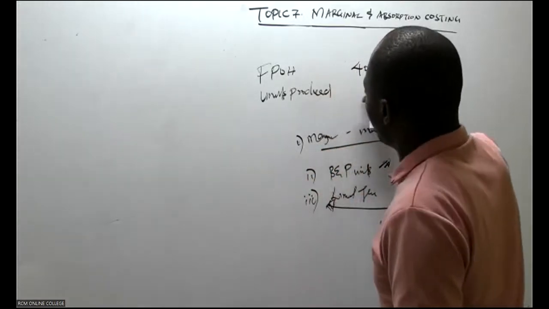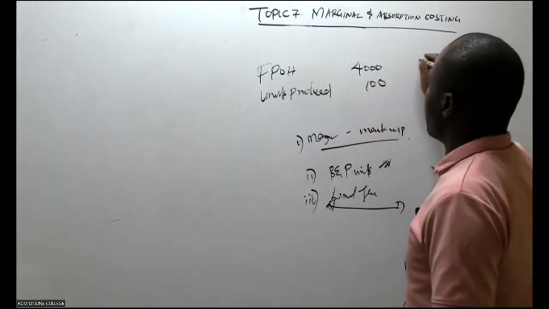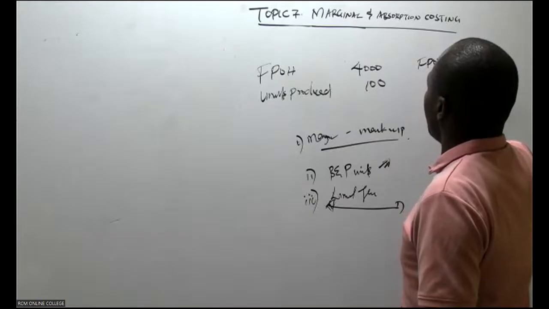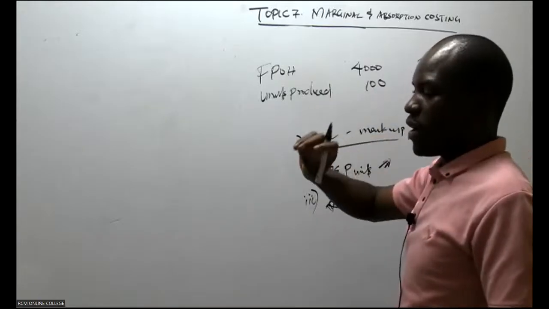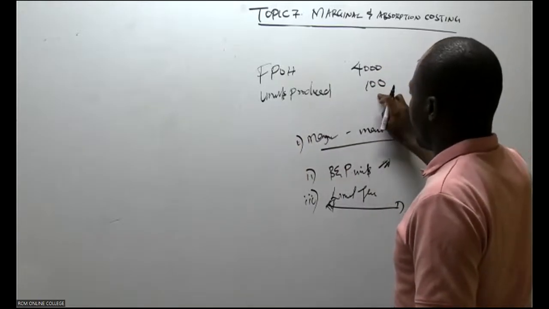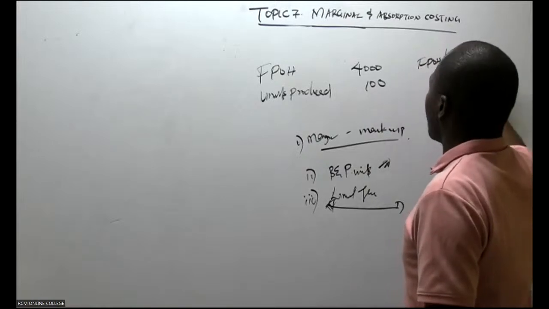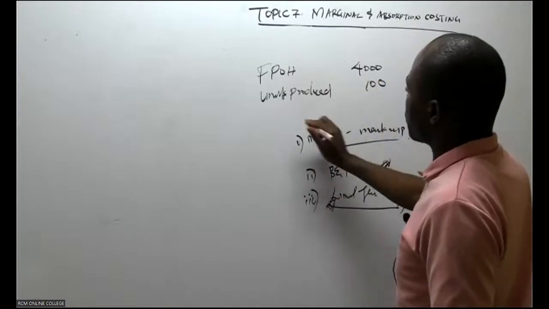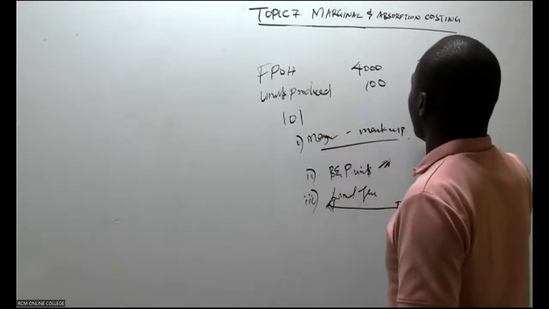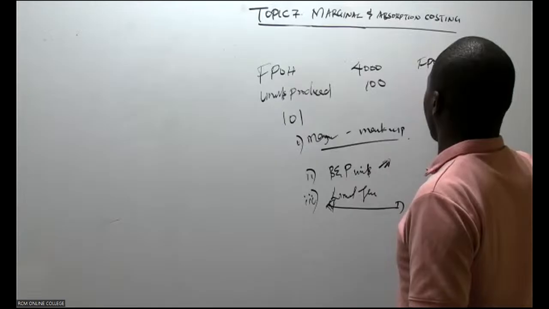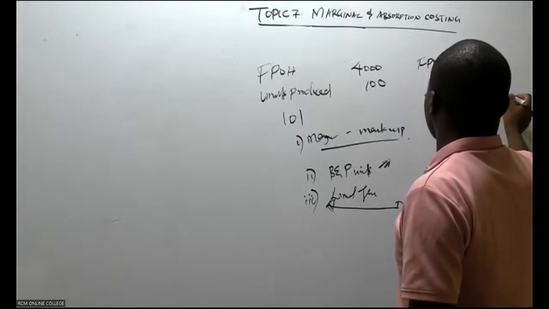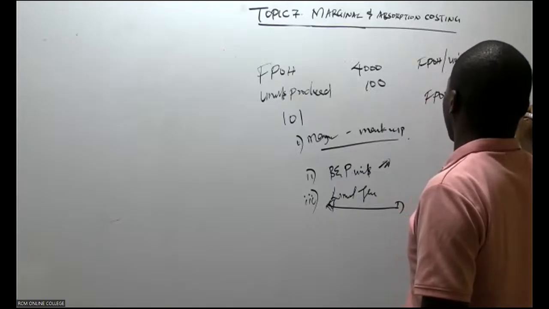If the company is going to produce only 100 units, then the fixed production overhead per unit will be 4,000 divided by 100, which is 40. When these units are increased by just one, that is 101, what will be the new fixed production overhead per unit? We are going to have 4,000 still, but now you divide by 101.